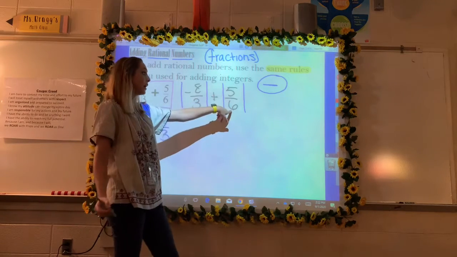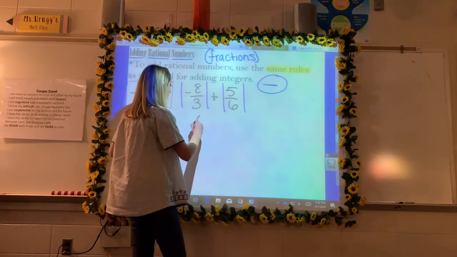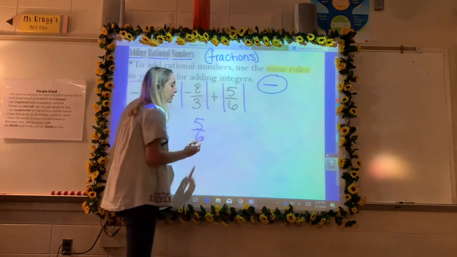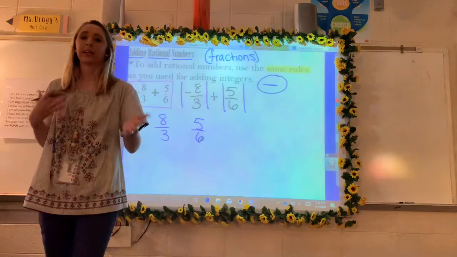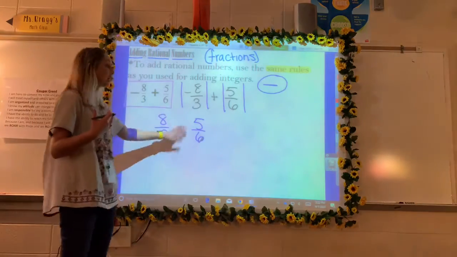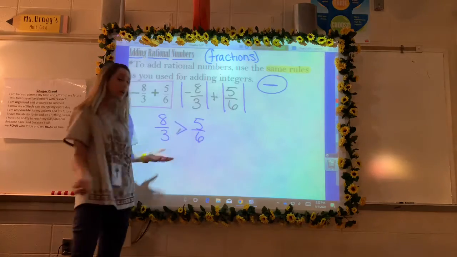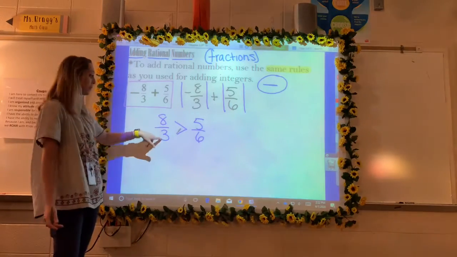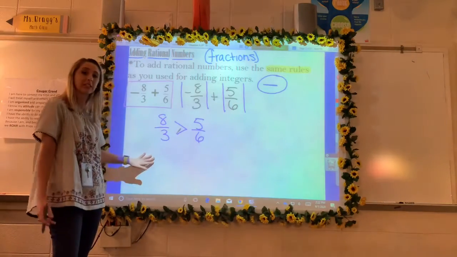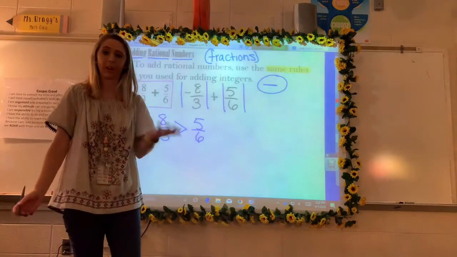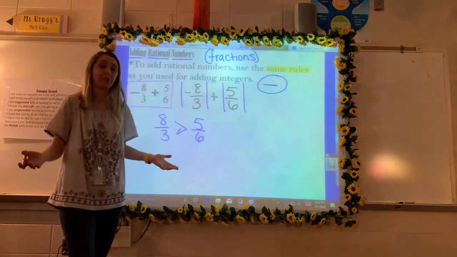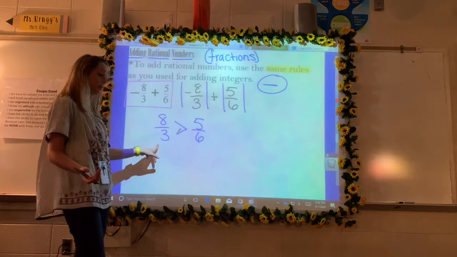And then the absolute value of 5/6 would be 5/6. Now, if you were in class, I'd have you kind of have a discussion of how do we know which fraction's bigger, but I'm going to help you out here. The 8/3 is bigger because 8's bigger than 3. So that means this fraction is bigger than one whole, right? Because a whole would be 3/3. So we know this one's bigger.